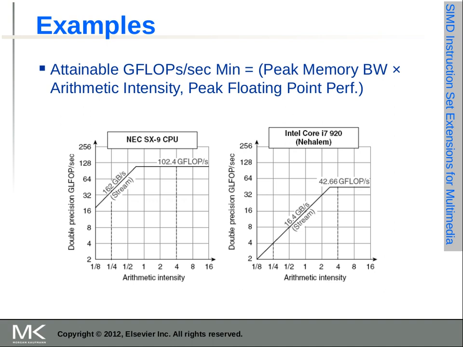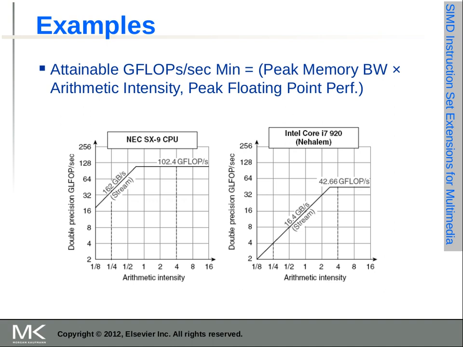Yeah, the NEC. And why is that? Well, the slope ends sooner. Right, so it's able to obtain its peak performance even with fewer floating point instructions per byte read.